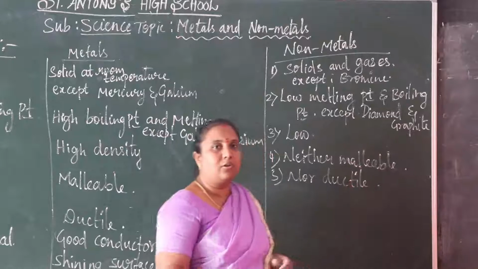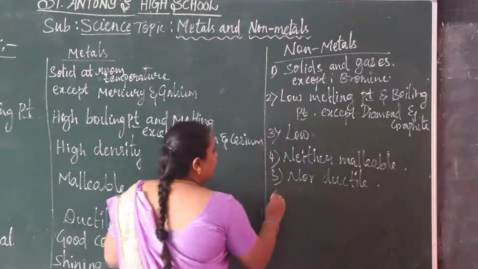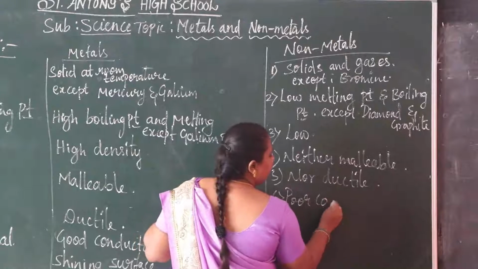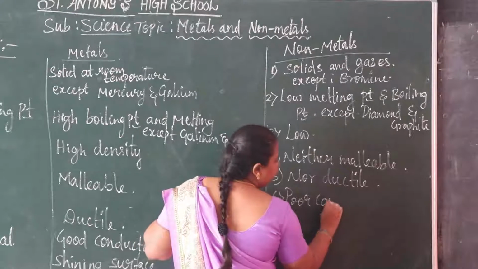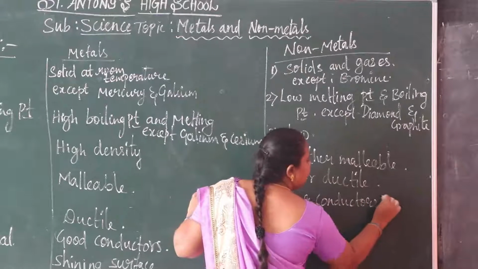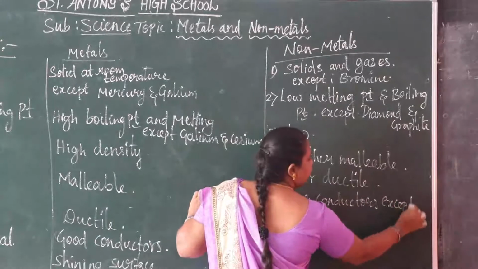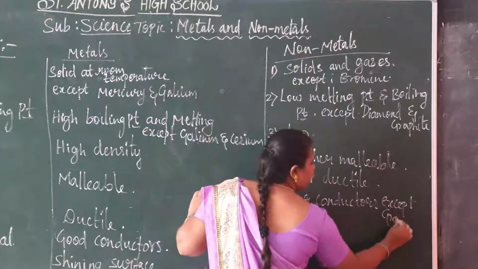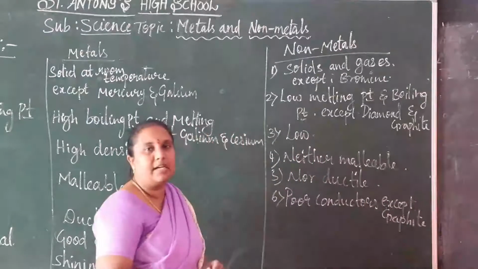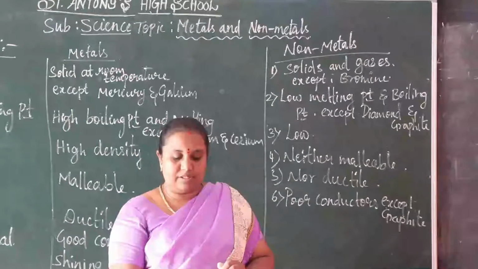Non-metals are poor conductors of electricity and heat, except graphite. Graphite is a good conductor of heat and electricity.